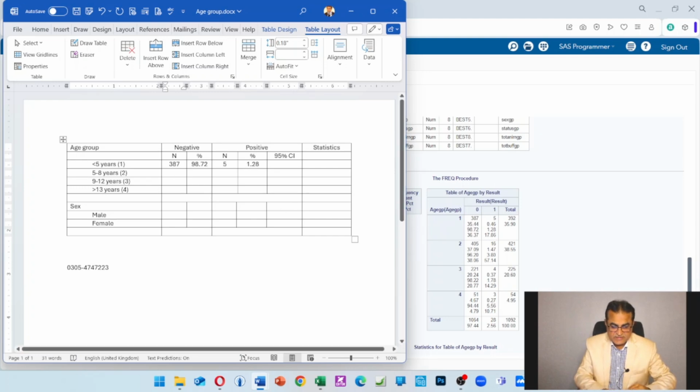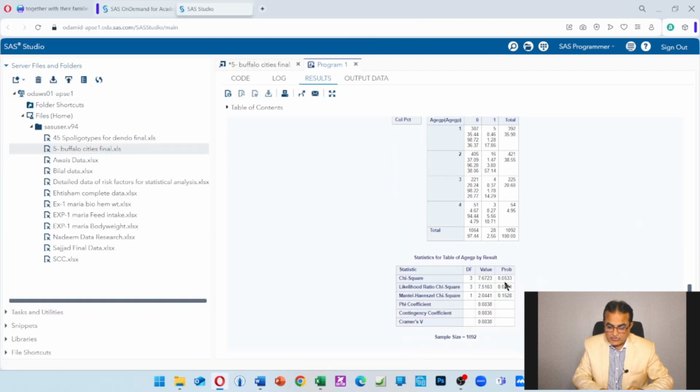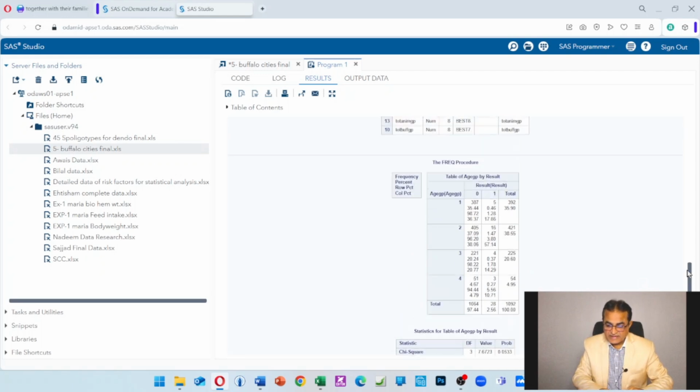Next, 405 are negative, with a percentage of 96.20, and positive are 16, and its percentage is 3.80. Now the chi-square is indicating a non-significant difference. Remember this. So this is how the frequency analysis is done.